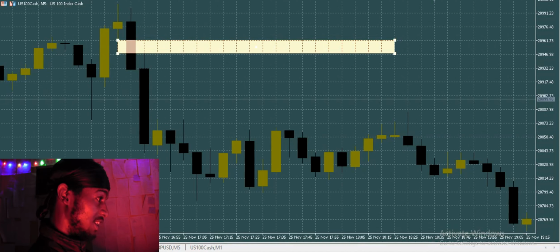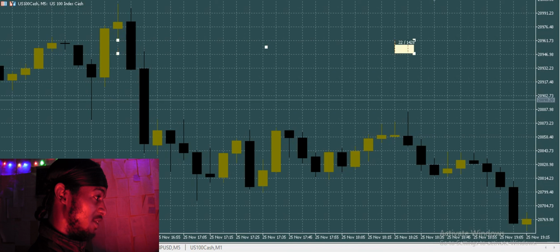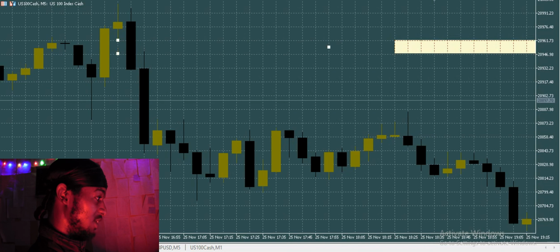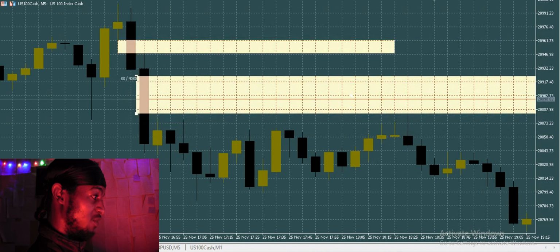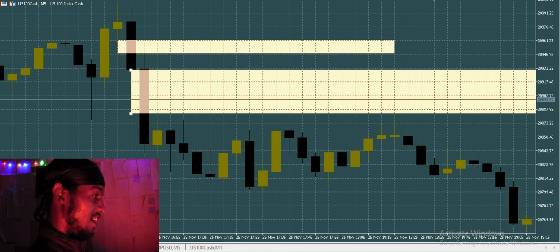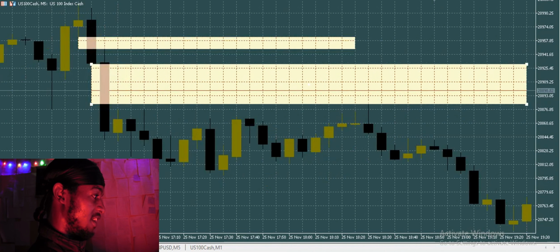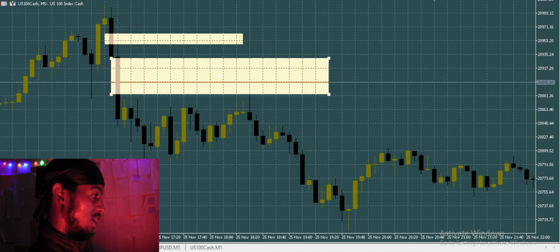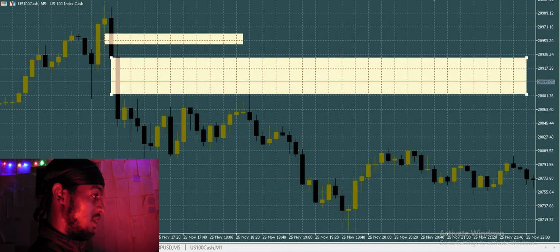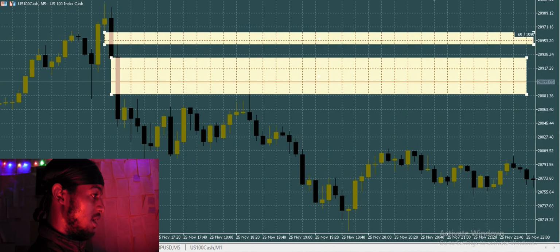As I was saying, this was our first fair value gap, the one up there. Our next one is this one, most definitely. And thereafter, the next FVG I do see. Let's drag them all the way.